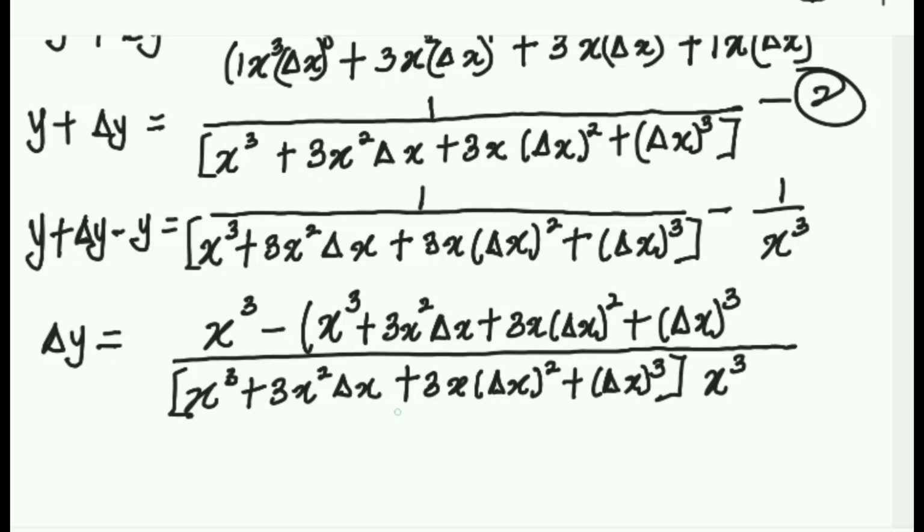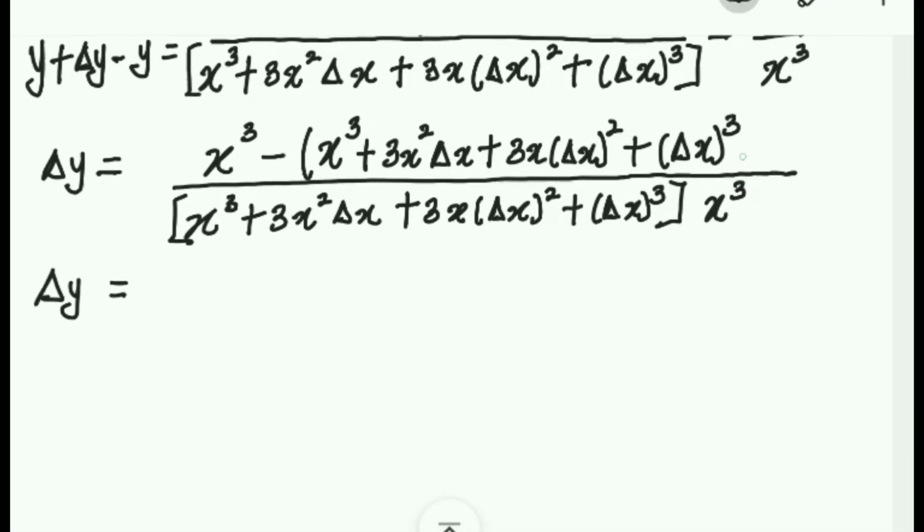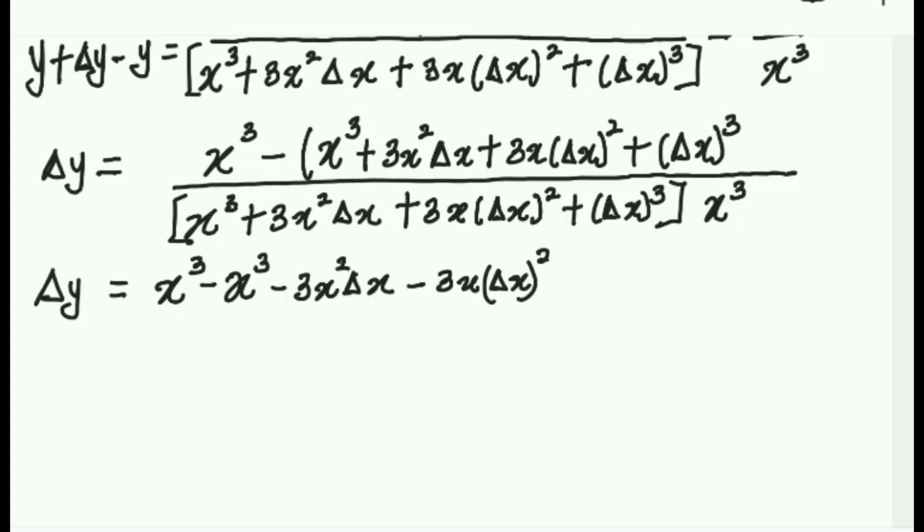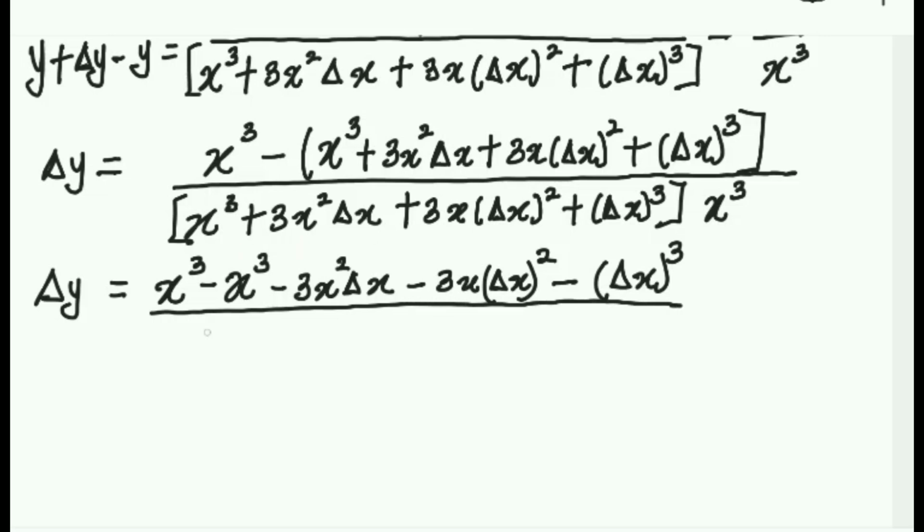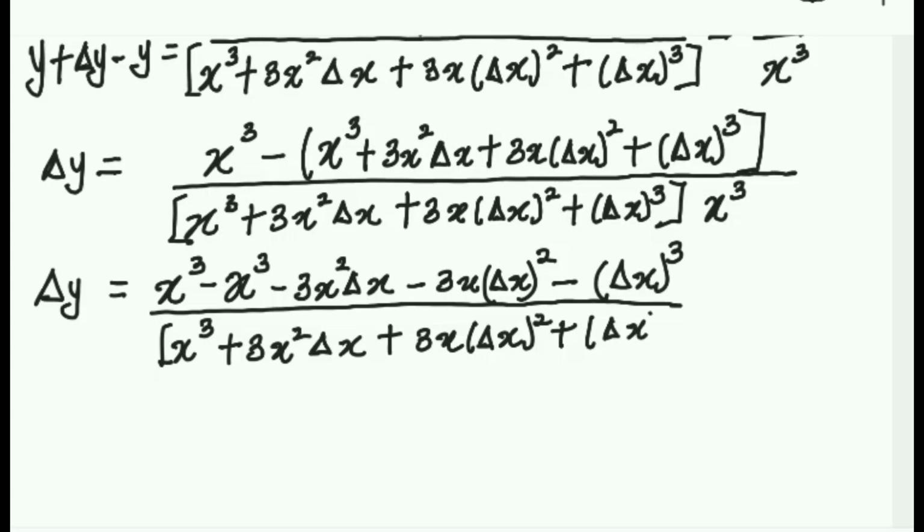And so we can begin to open up the brackets. So I have change in y equals to x cubed minus x cubed minus 3x squared change in x minus 3x change in x all squared minus change in x raised to power 3, then divided by all that we have in the denominator, x cubed plus 3x squared change in x plus 3x change in x all squared plus change in x all cubed, and then I have x cubed.